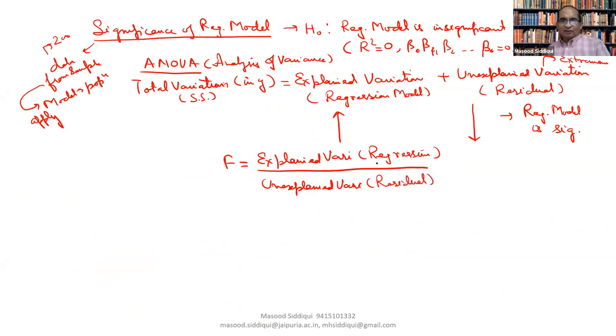Now in this case, if explained variation is much higher as compared to unexplained variation, the value of f would be much higher as compared to 1. So we have a big f value.